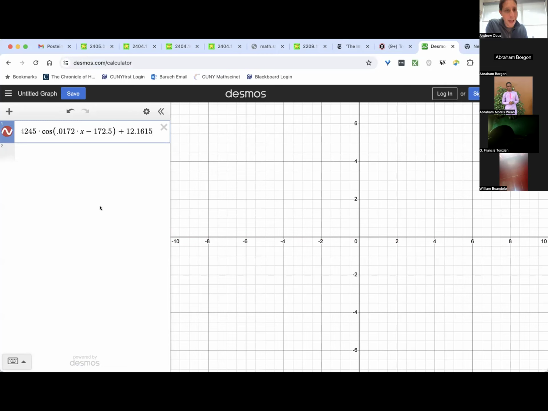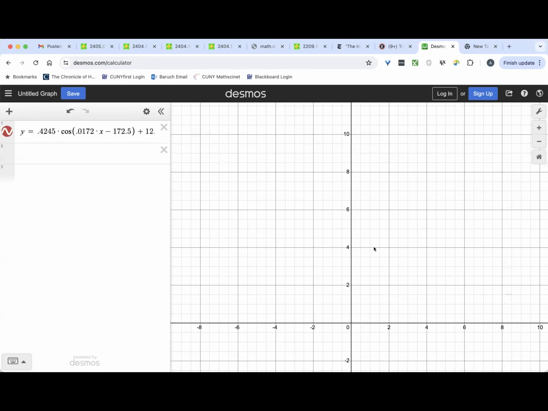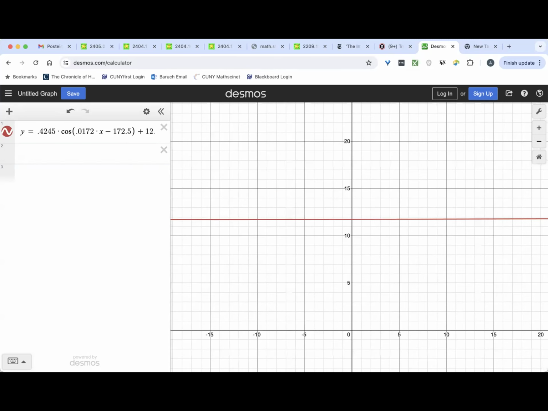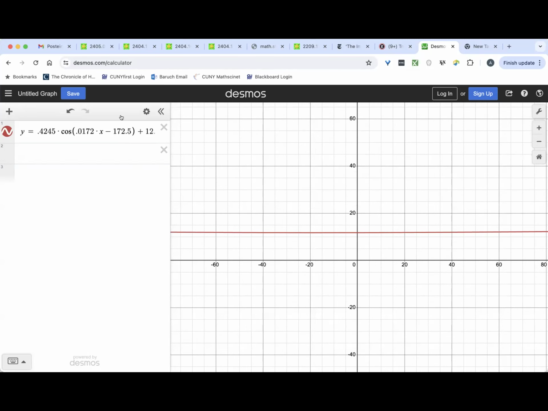This is the function that we have. And now this isn't going to look like very much, but that's because we have to look at where the graph actually lies, right? So I want to see if I can somehow put in the range. I would love to give a range.